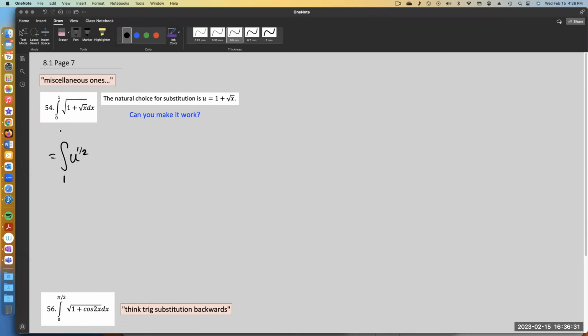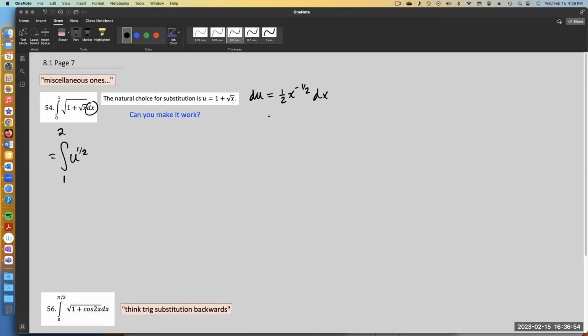When x is 1, we're going to get u as 2. But we have a dx. So we need to rewrite the dx. And notice what happens up here. When we do du, we're going to get 1/2 x to the minus 1/2 times dx.